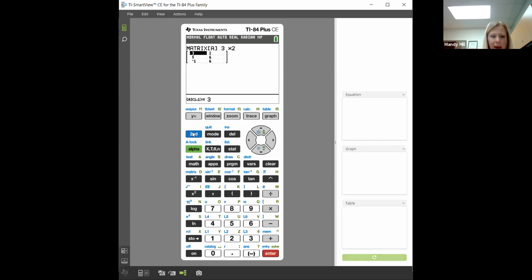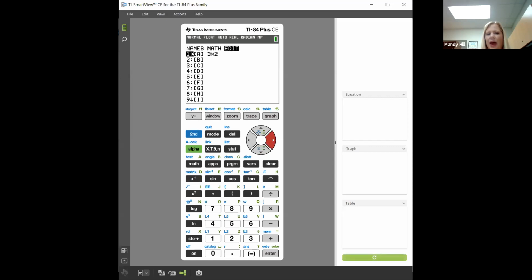Okay, now I'm going to go back and do second matrix again. So x -1, but this time, and this is a little bit tricky, I'm going to type something in matrix B. And what you would think you would do is arrow down to B and then hit enter, but that's not going to get it because we need to make sure we're over at edit. So when you start scrolling over to edit, well, look what happened.